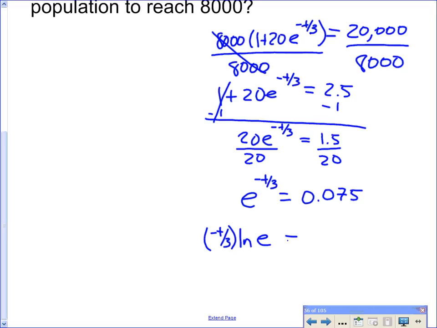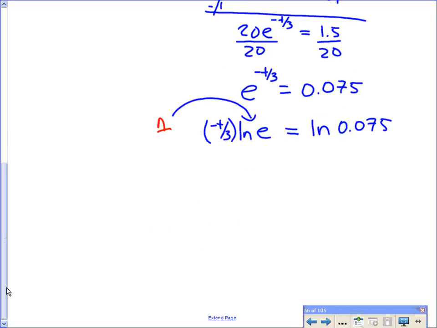So we should be pretty good at that by now. Natural log of 0.075. So I sort of skipped a step there. The natural log of e is 1. Okay, so remember that this right here is 1, which is convenient. And so what I end up with is that negative t over 3 is equal to the natural log of 0.075.